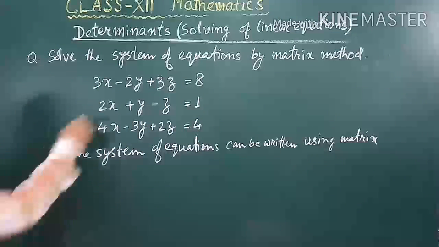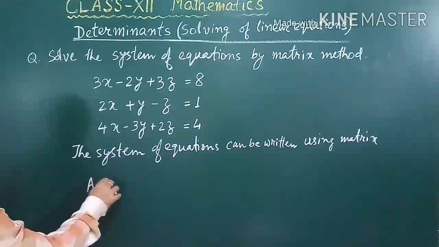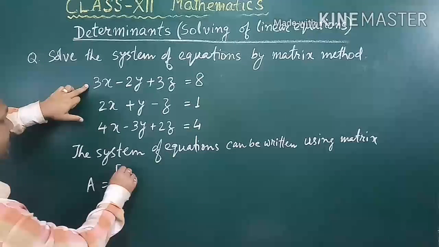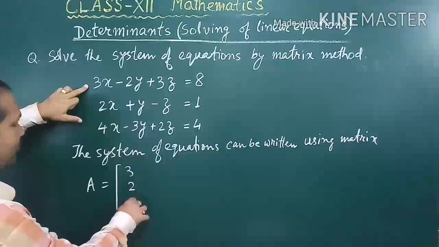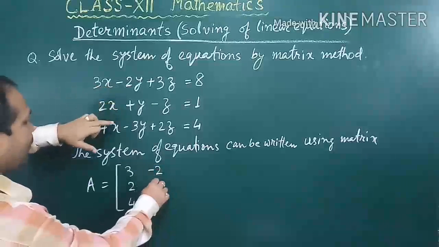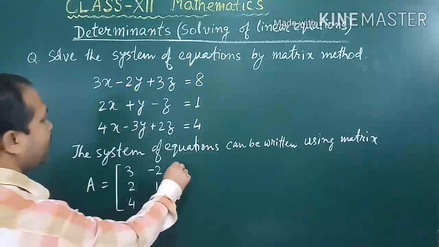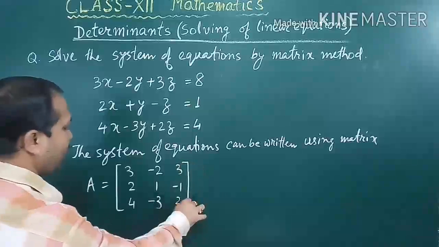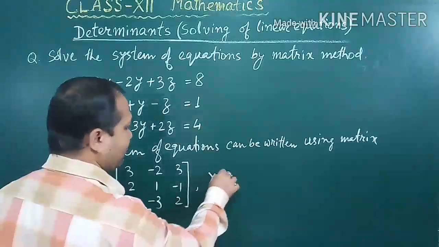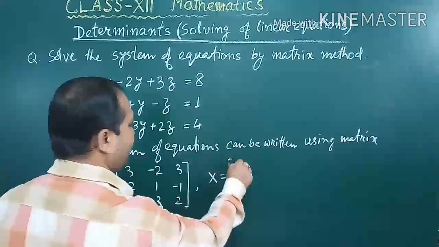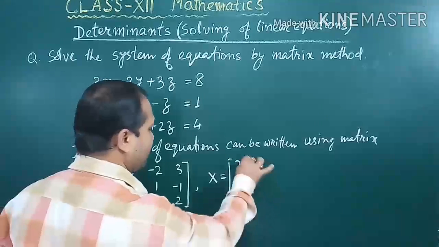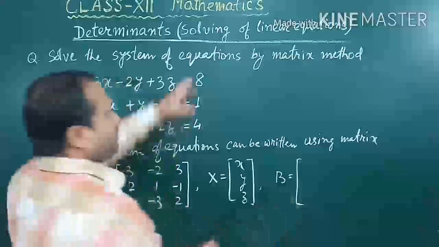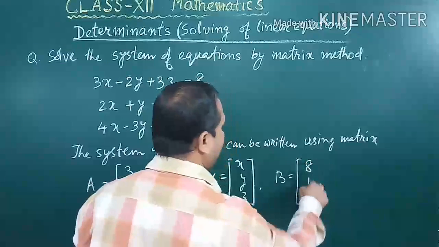So we'll take A equal to which matrix? By using the coefficients of X, it is 3, 2, 4, minus 2, 1, minus 3, 3, minus 1, and 2. And X is equal to X, Y, Z, and B is equal to 8, 1, 4.